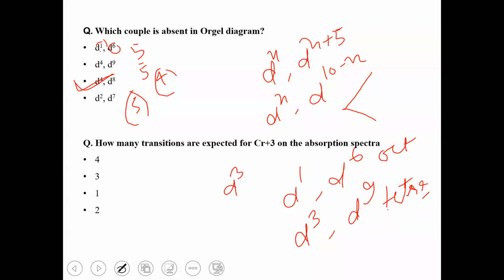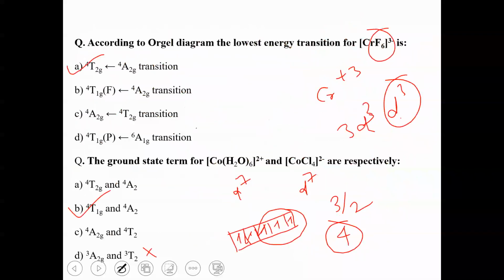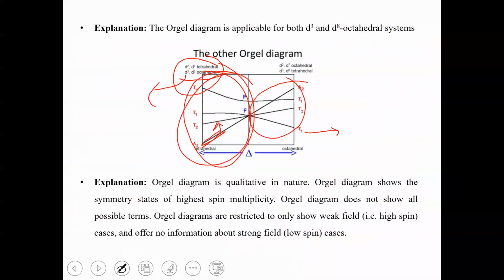Since the environment, octahedral or tetrahedral, is not mentioned, and there is no weak field or strong field ligand, you can just refer to d3.